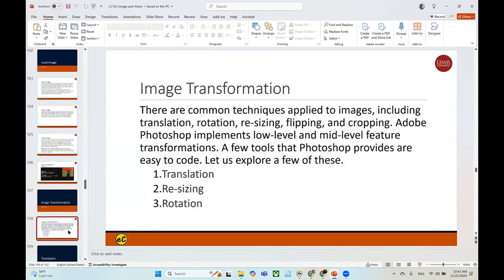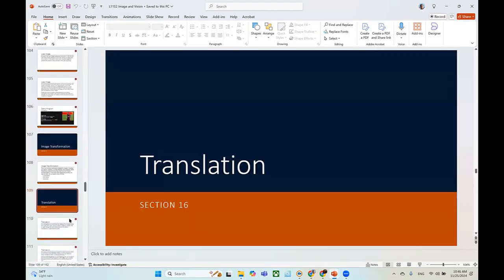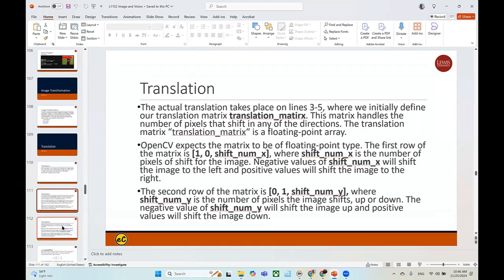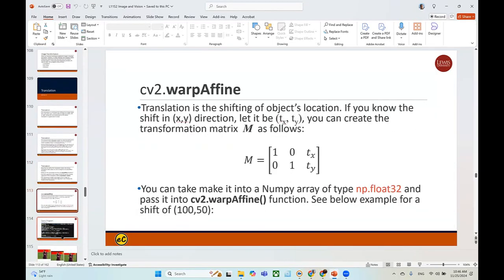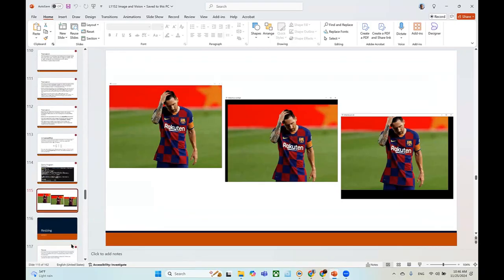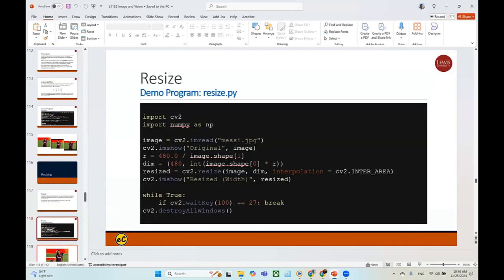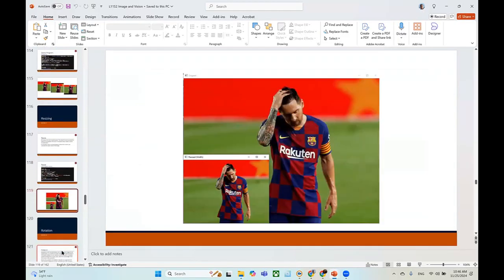And then image transformation. Image transformation includes translation, resizing, and rotation. We do teach you how to do translation, which moves your image to a different location. We actually use OpenCV for it. You can also do resizing, which is scaling, making the image bigger or smaller.